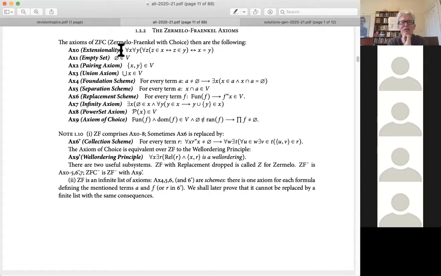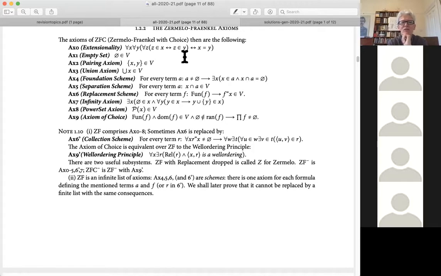Extensionality, again, which is important, of course, although very simple. It's the criterion for when two sets are equal: they have the same members, and that's all we care about. And slightly more sophisticated axioms here. Basically, again, it's saying something is in V, so it's saying that the thing on the left is a set.